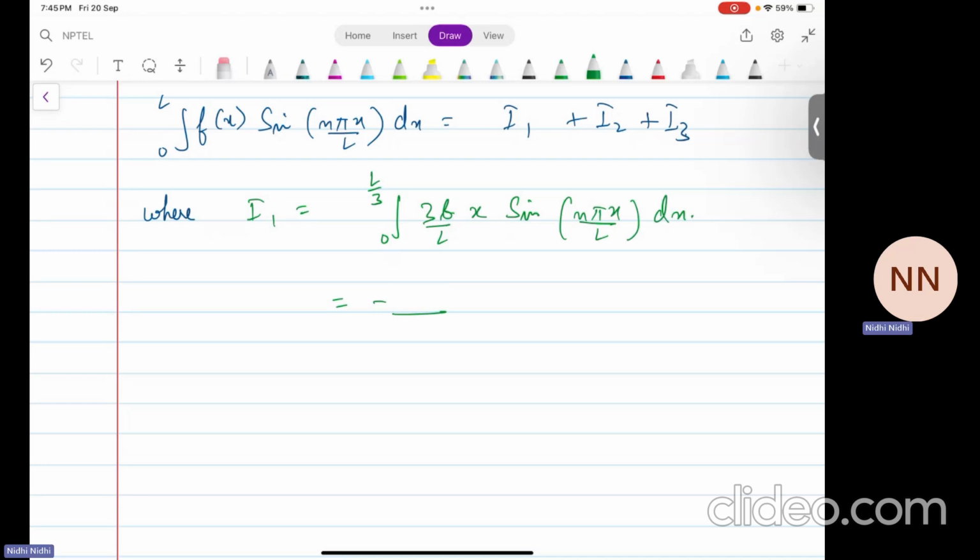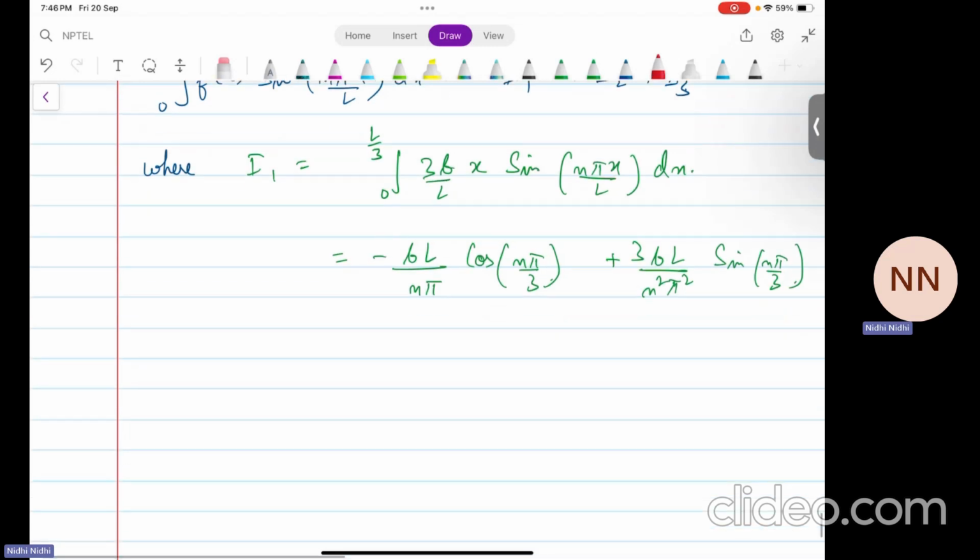This will come out to be bL by n pi cos(n pi by 3) plus 3bL by n square pi square sine(n pi by 3).